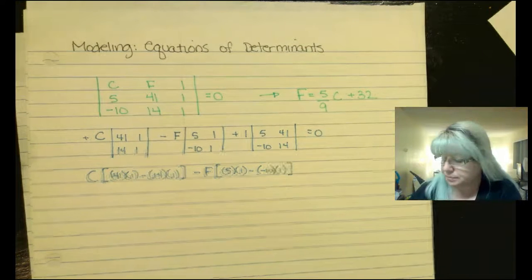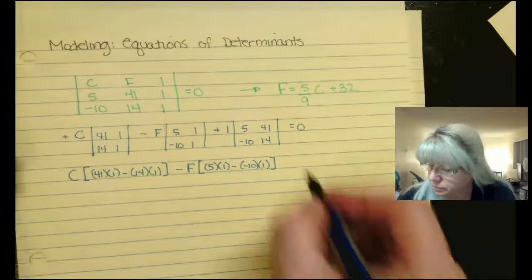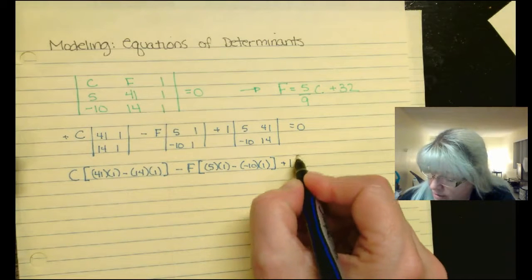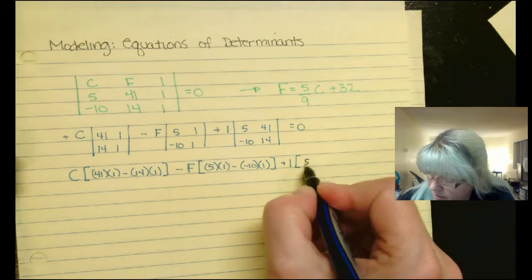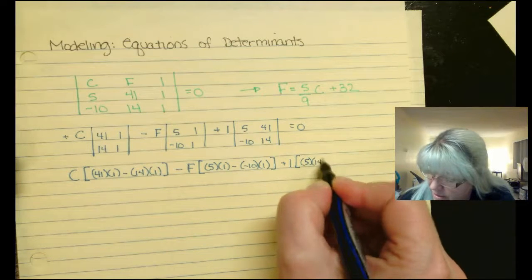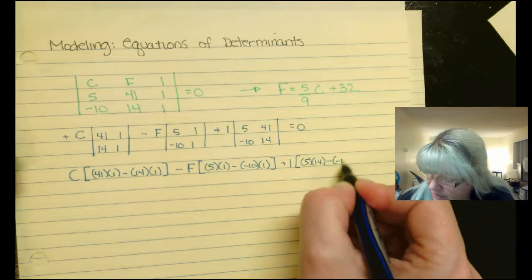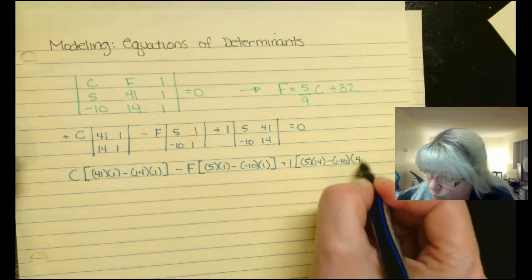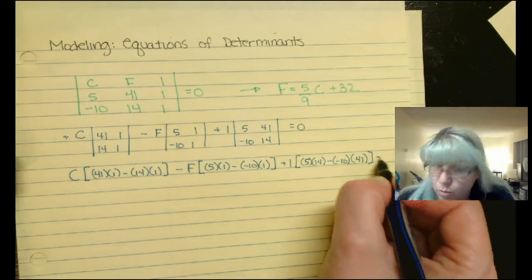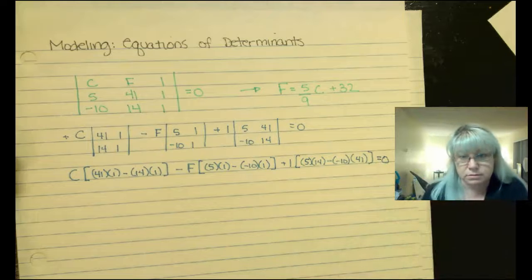Okay. So maybe a little long, but hang in there. Plus 1 times 5 times 14 minus negative 10 times 41, and all of this equals 0. Okay, all of it equals 0.